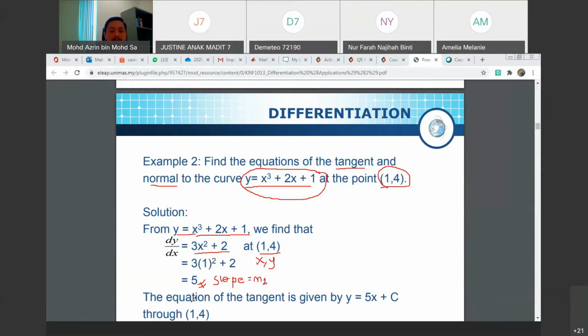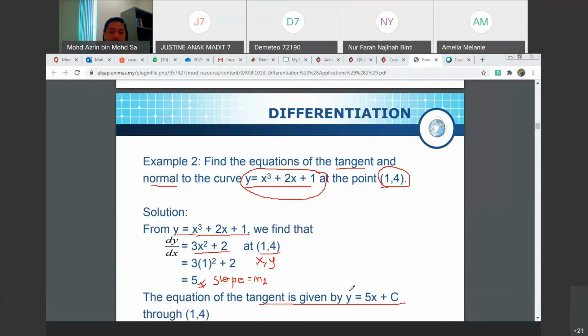Now using the tangent equation, you will get y equal to 5x plus c through (1, 4). Can you solve, what is the value of c?